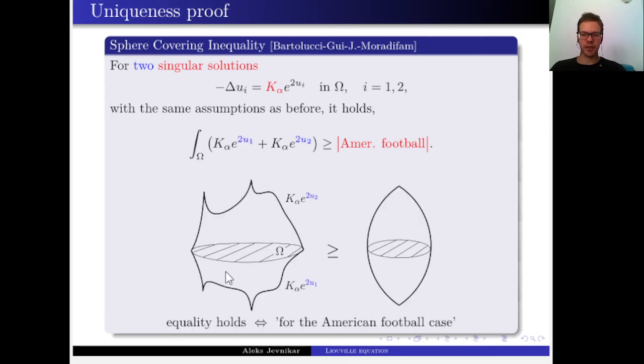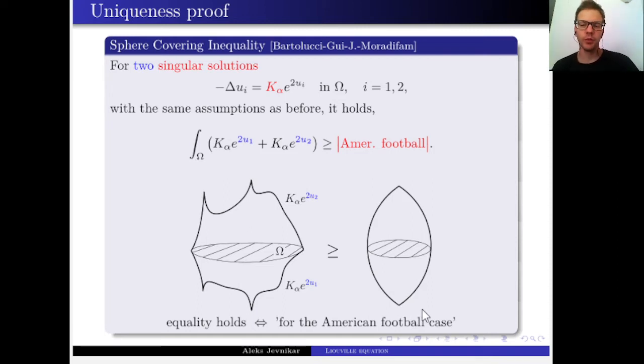So the picture is as follows. You have two singular surfaces, so you have some conical points which are connected in relation with the two solutions, and then you show that the total area is bigger than the area of the American football with some proper angle, which I will not go into details about.